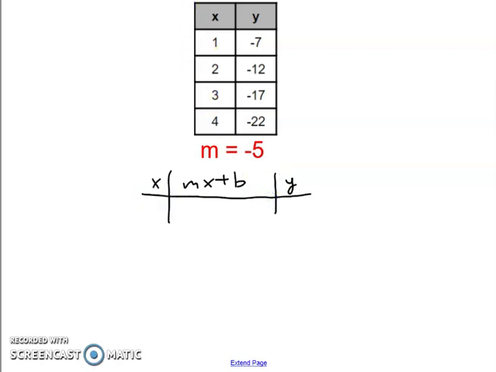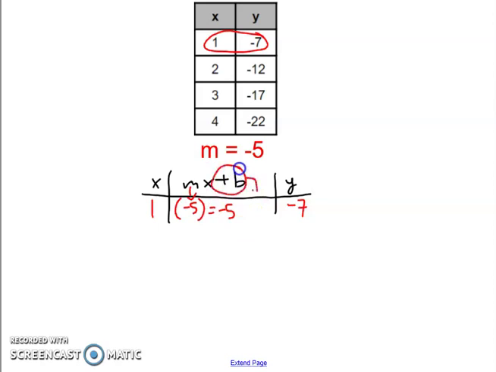We're going to choose any points we want. Let's go 1, -7. I look for ones that are kind of friendly, that maybe won't be too scary. Slope is -5. -5 times x, which is 1, equals -5.